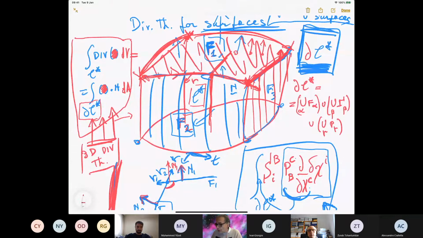Why? Because curves have area 0. So what happens on the curves is not seen by a surface integral.